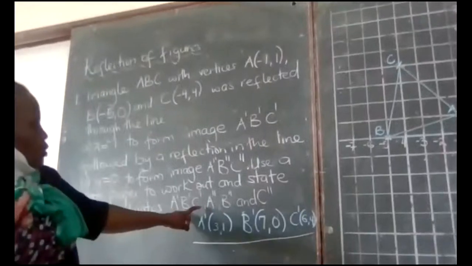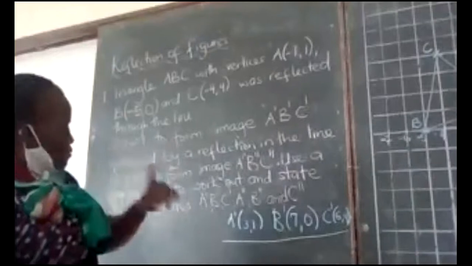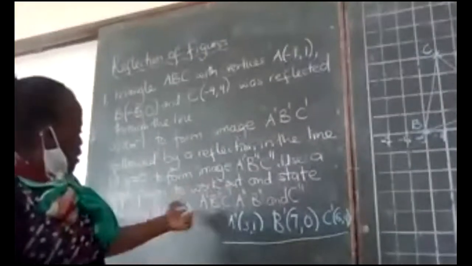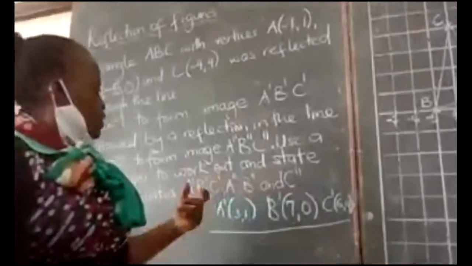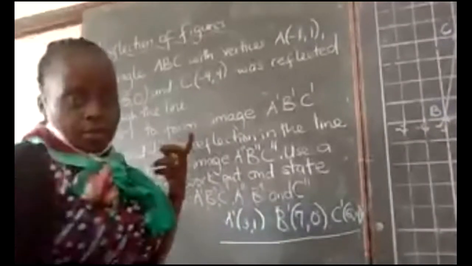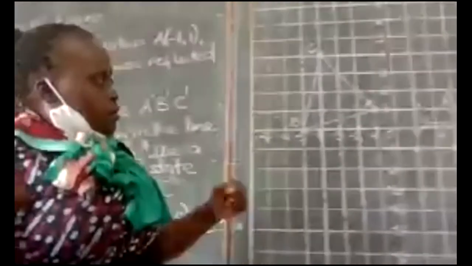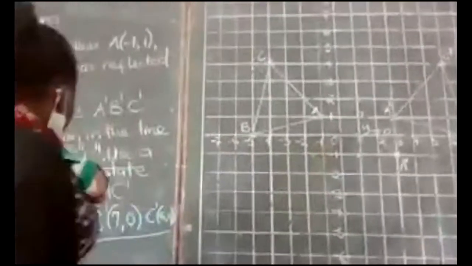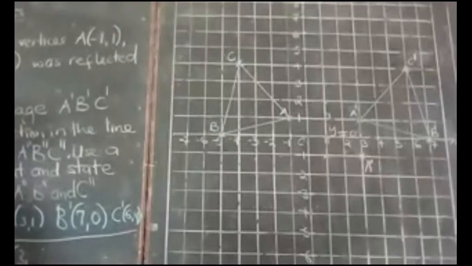So you can even see from the question that we are using the same graph paper to work out and state the coordinates of these triangles. So you have to draw all those 3 triangles on the same graph. So A double prime has coordinates 3, negative 1.